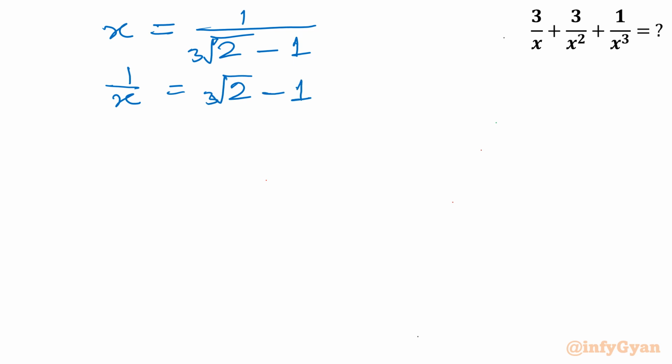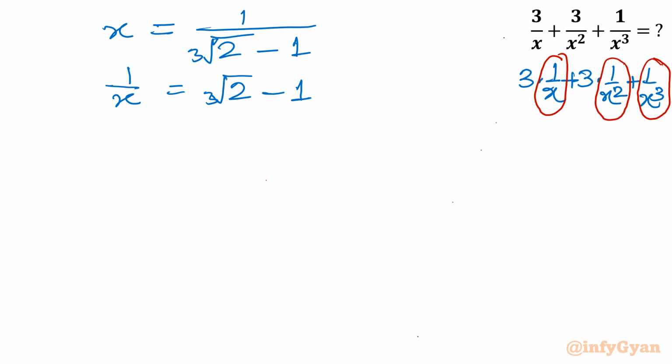So 1 over x is done. Now you can consider it is 3 times 1 over x plus 3 times 1 over x square plus 1 over x cube. So my target is to find out 1 over x, this value, and this value separately.